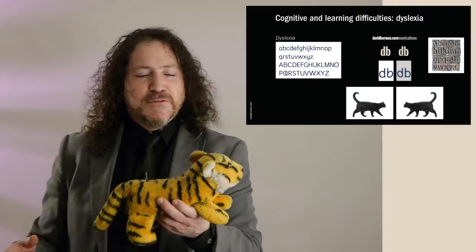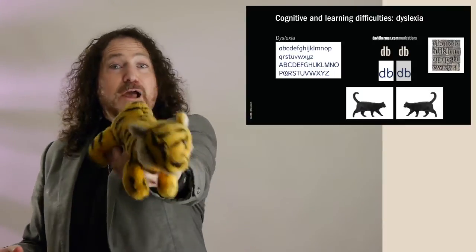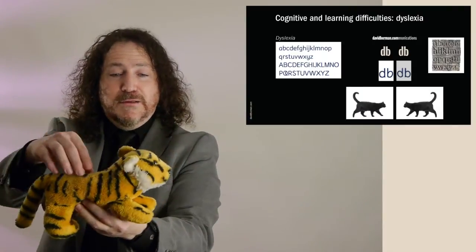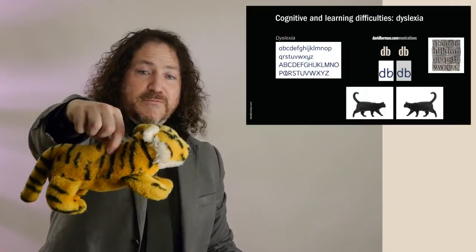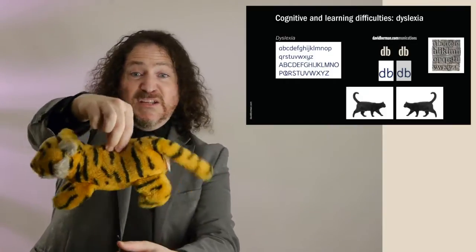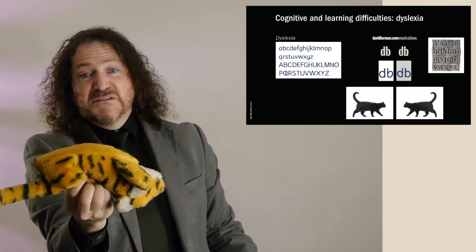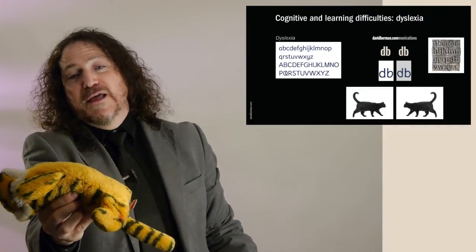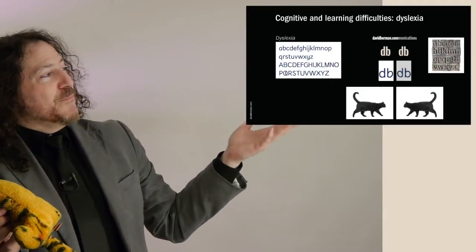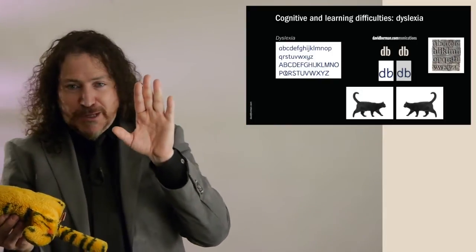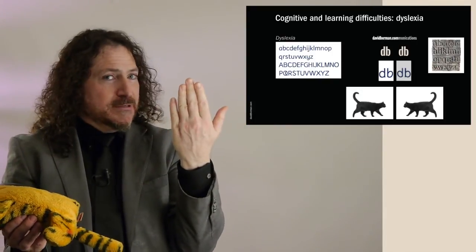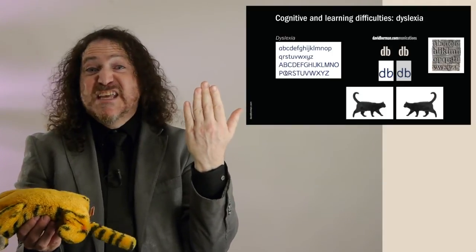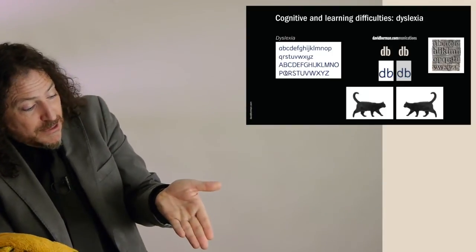You know, consider this. If you meet a tiger in the wild, and this is a tiger, and if I rotate it, it's still a tiger, and this is a tiger, and this is a tiger. That's the reality of living in the forest. And yet we teach our children an alphabet where if you take the letter, a lowercase b, and you rotate it, it becomes something completely different, a d, and then you flip it downward, it becomes a lowercase p.